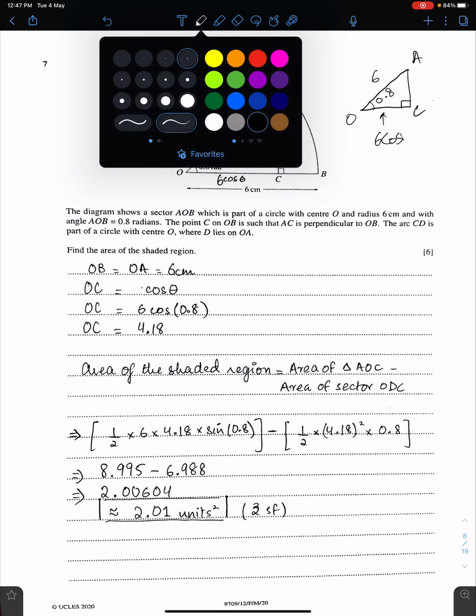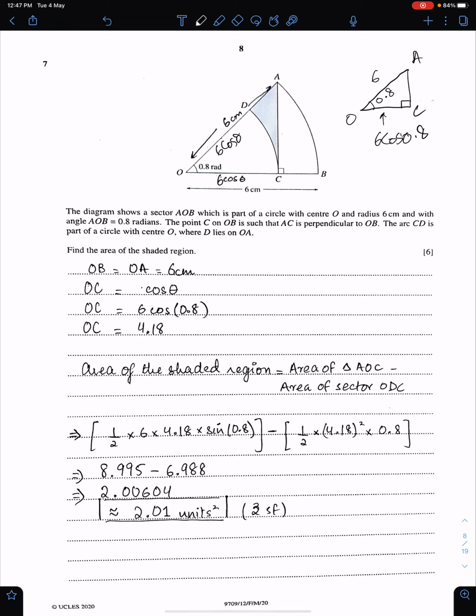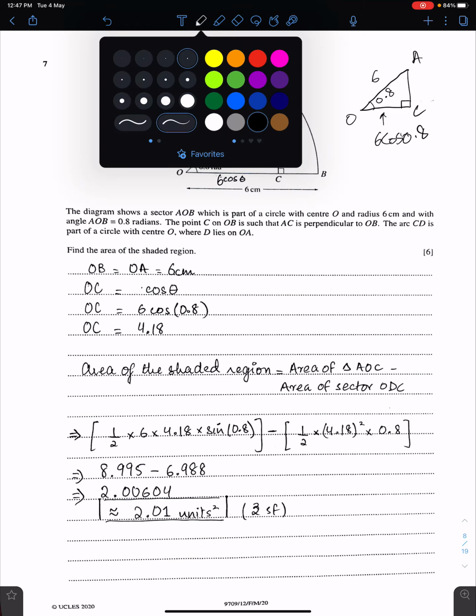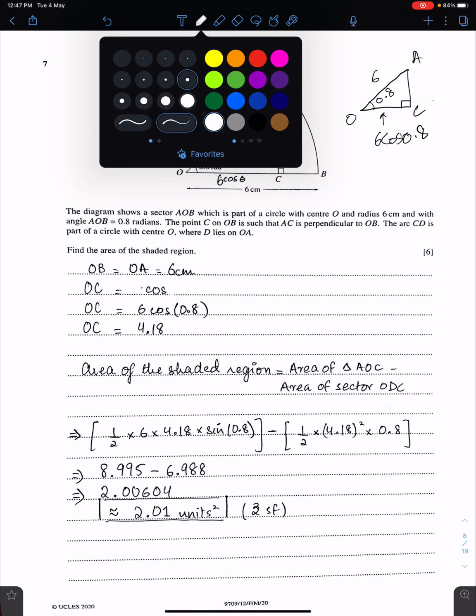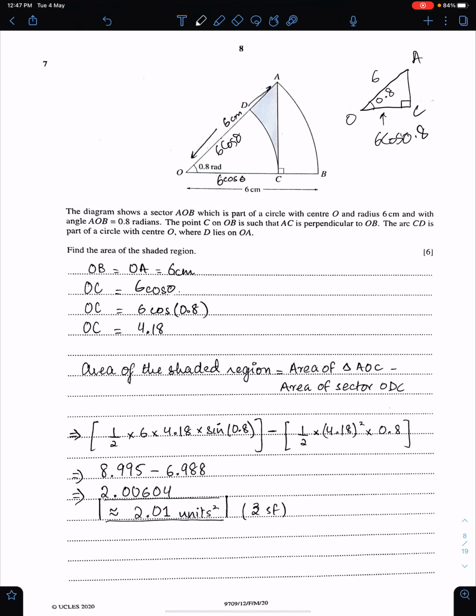So we have this length OC is 6 cos 0.8, which is 4.18.